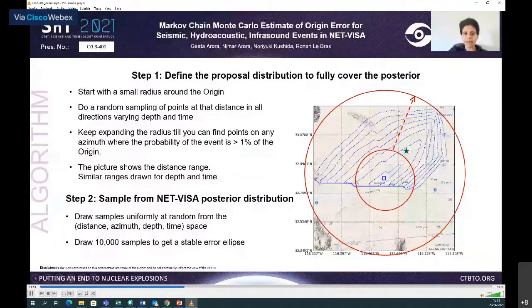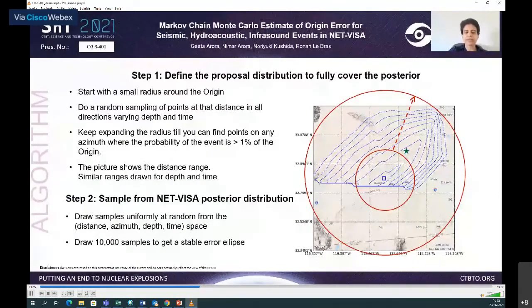We keep expanding the radius till we find points at any azimuth which have the probability of having the event there at least 1% of the probability of the event being at the origin. So in this example, this contour here marks the boundary of our big ball. The picture here shows distance range, and we do similar ranges for depth and time.